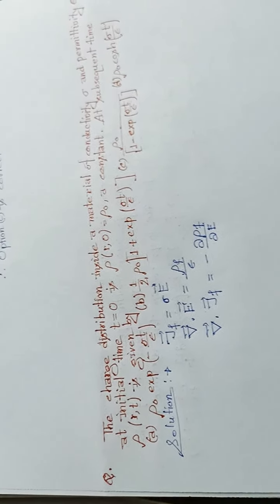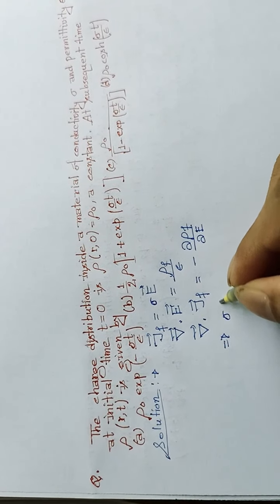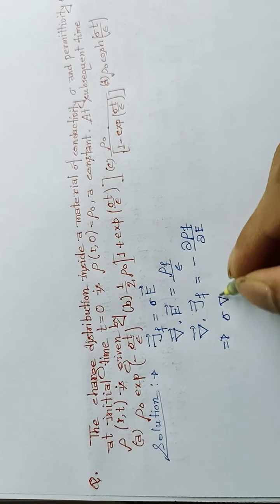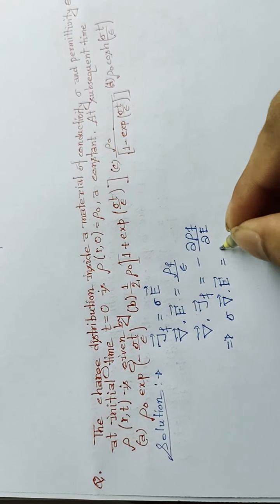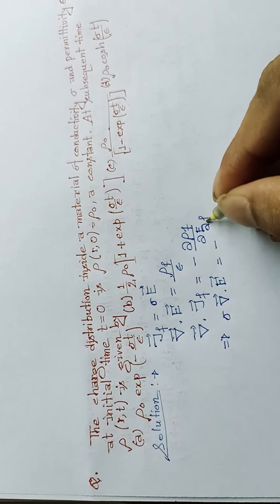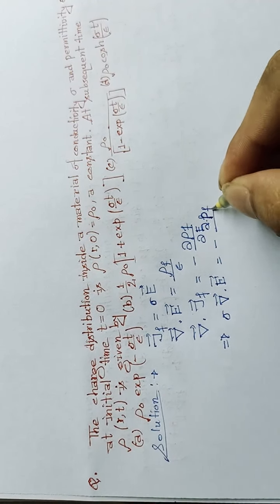So from this relationship we can write sigma del dot E will be equal to minus del rho_f with respect to del t.